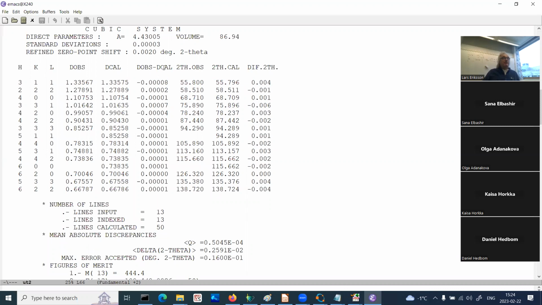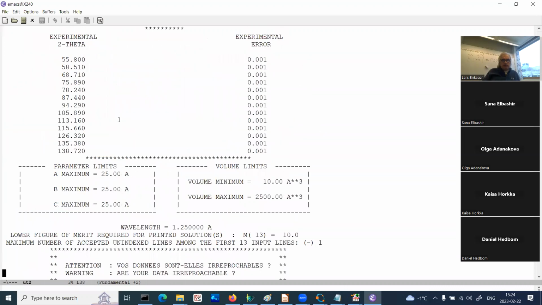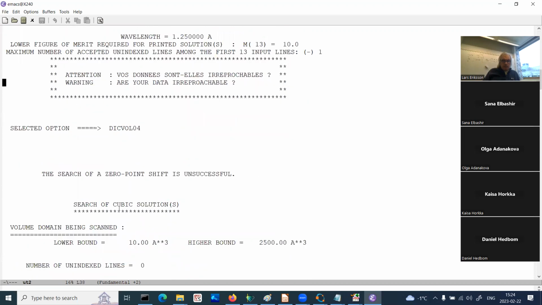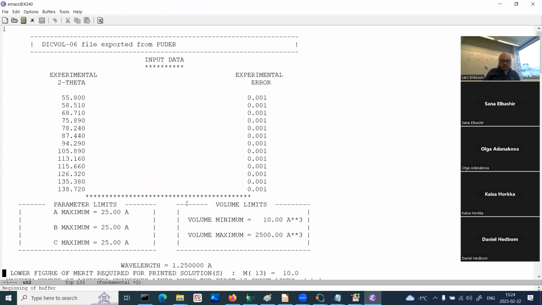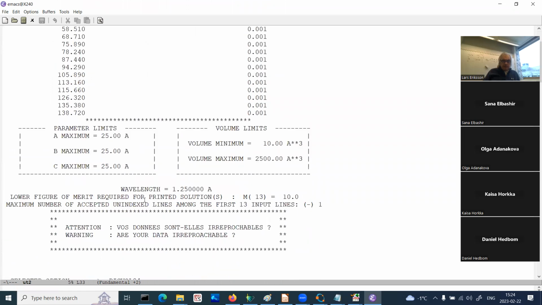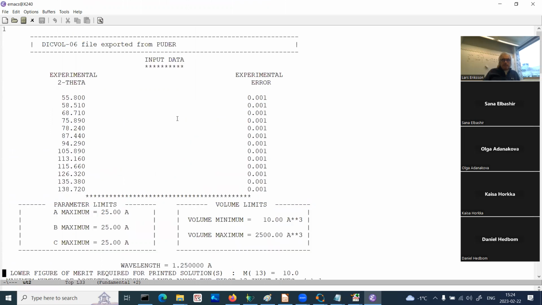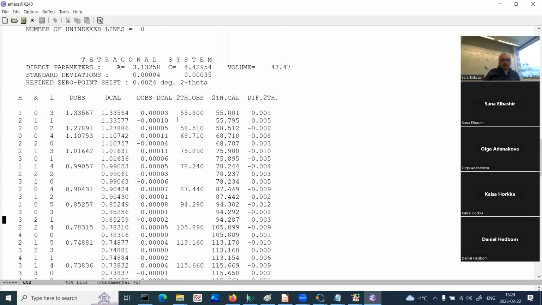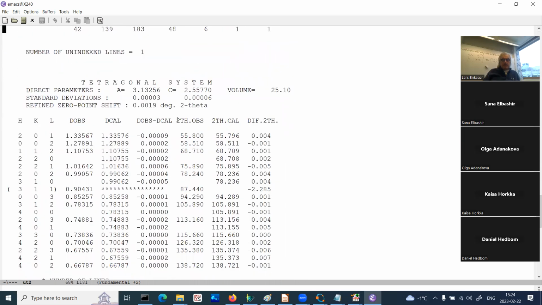There's probably some kind of implicit error limit also. Did it? The search of a zero-point shift is unsuccessful. I didn't believe my claim to be extremely accurate data.